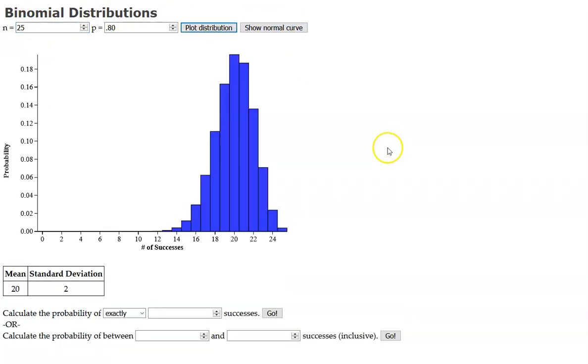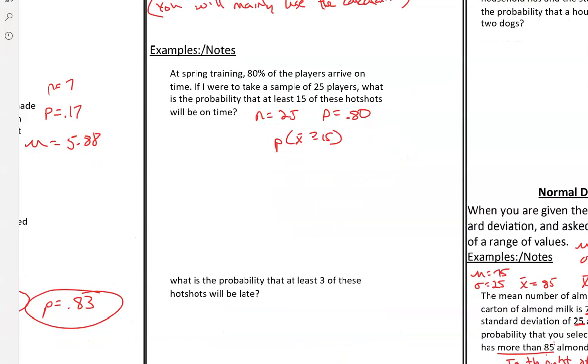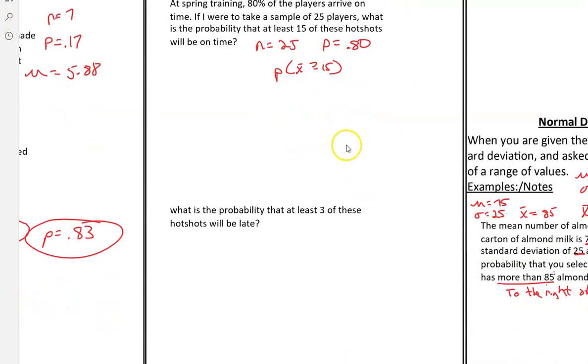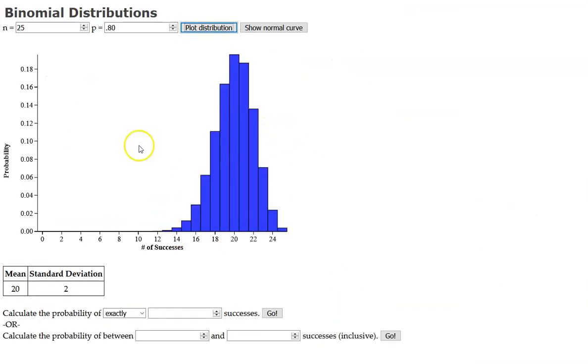And 80% are on time. And they want to know what's the chance that at least 15 of them will be on time. And so let's look at the binomial distribution and kind of read how it works. The chance that exactly 15 will be on time is 1.18%, right?